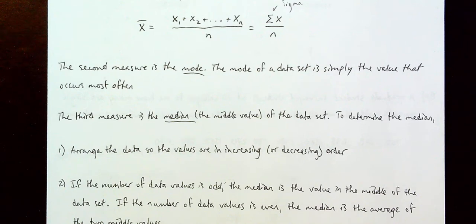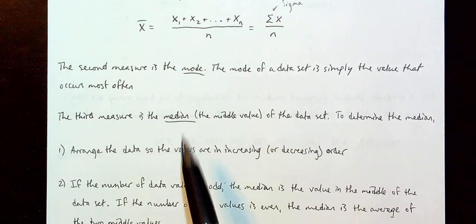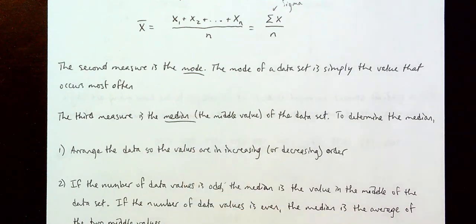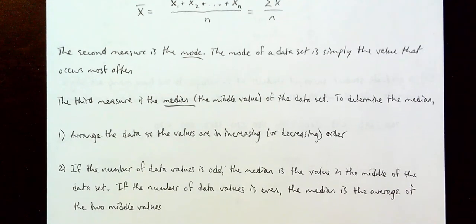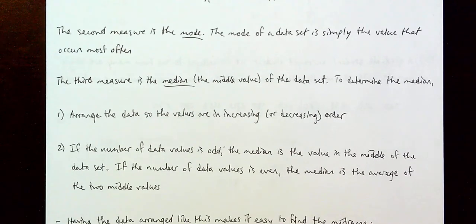It doesn't really matter which one you do. And really, for any set of data where you have to find any of these measures of central tendency, I would suggest that you do this, because this will help make finding the mode a lot easier as well.